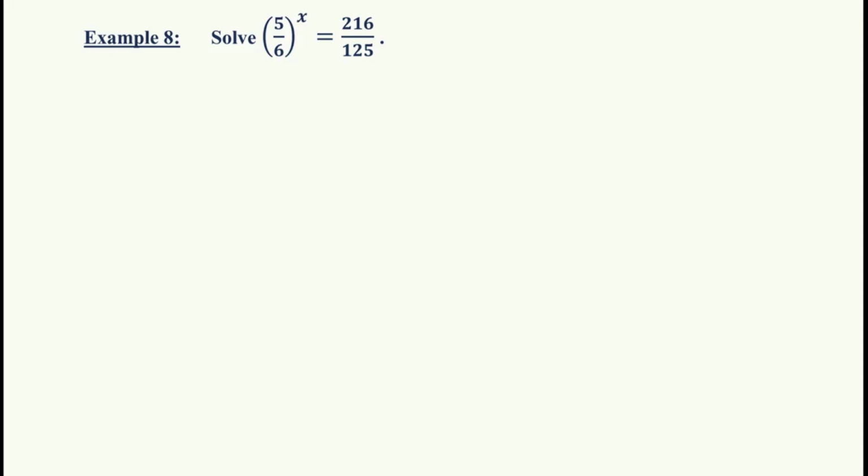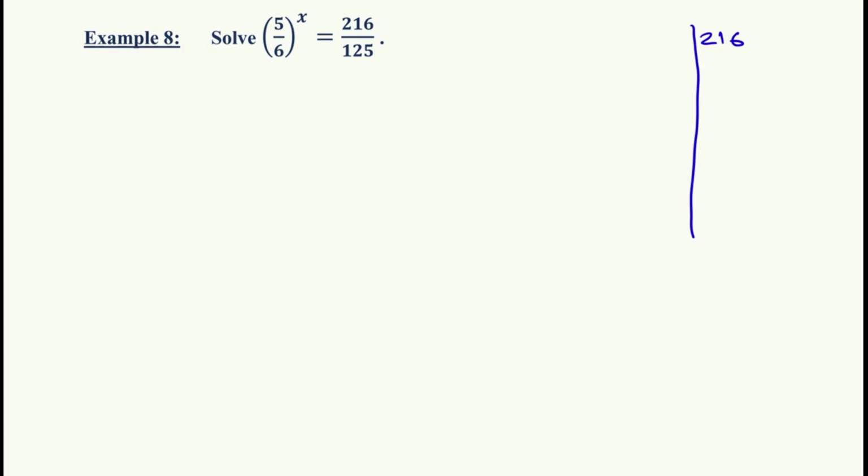All right, so 125, I know that is a power of 5, right? 5 cubed. 216, I know what it is, you may not. So let's look at the prime factorization. This is the good news.